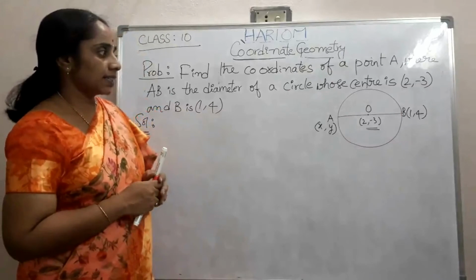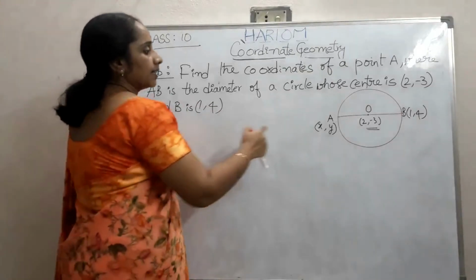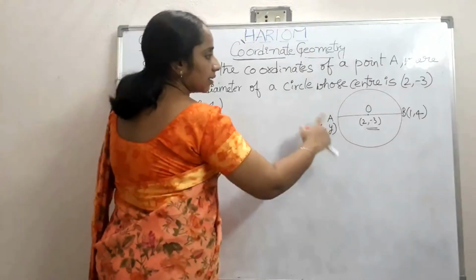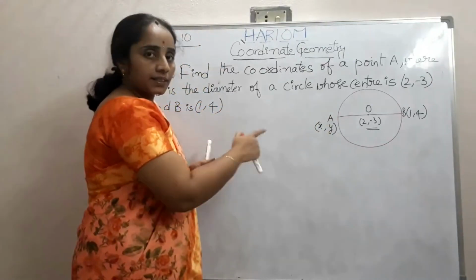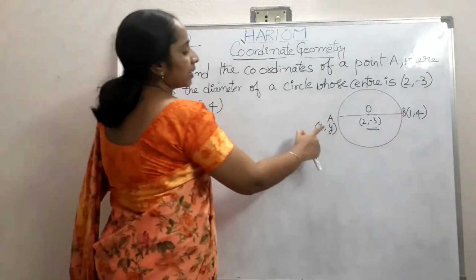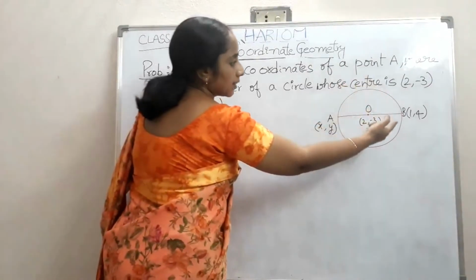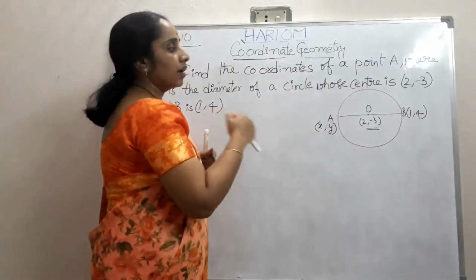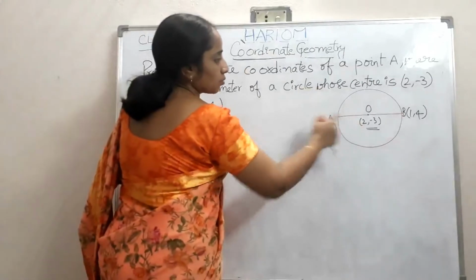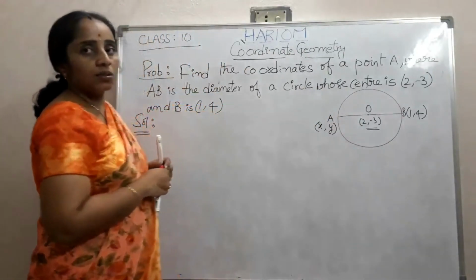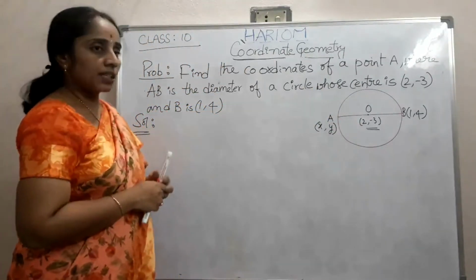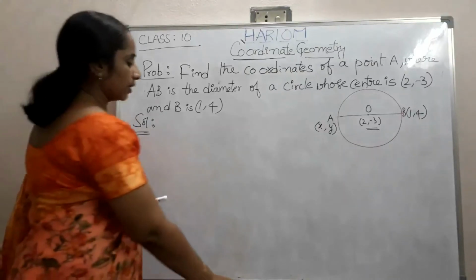In the same way, one end of the diameter is nothing but a line segment, no? So here one end we assumed as x comma y and the other end is 1 comma 4, and the midpoint is 2 comma minus 3.